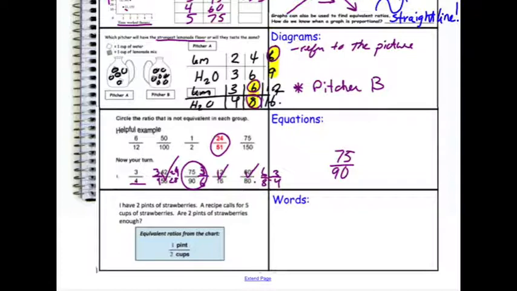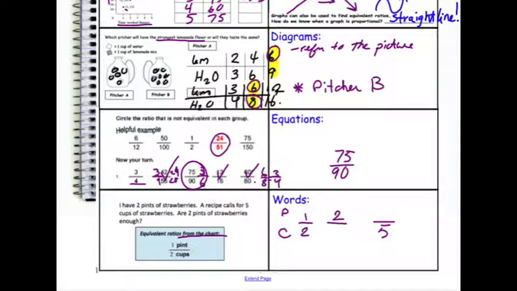Lastly, if I have a problem in words, I want to be able to take those words and change them into a numerical representation. So equivalent ratios from the chart, it says 1 pint equals 2 cups. So comparing pints to cups, 1 pint equals 2 cups. I have 2 pints of strawberries. A recipe calls for 5 cups of strawberries.